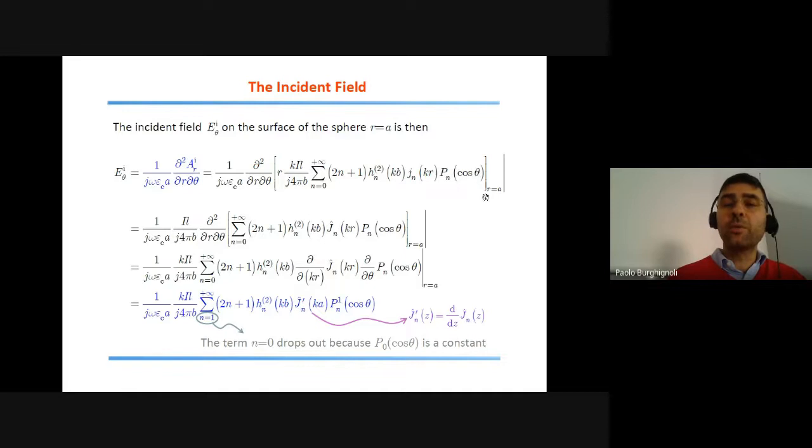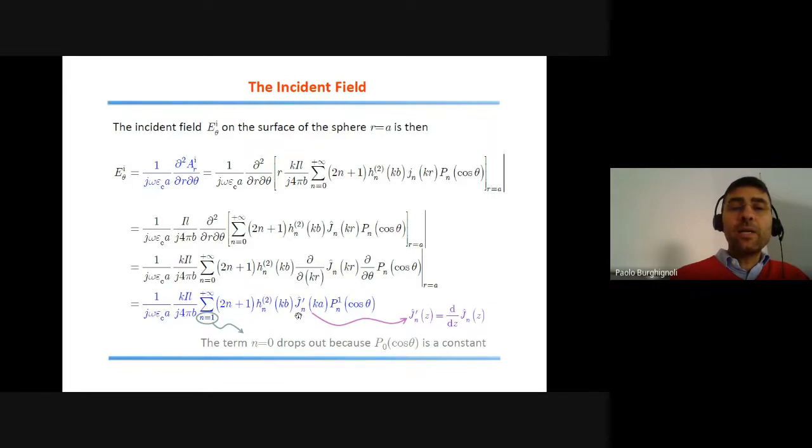And we wish to evaluate the field at the surface of the sphere, that is when r is equal to a. Note that in the final result, here below in blue, the infinite summation goes from n equal to 1 to infinity, because the term n equals 0 drops out, and that's because the 0th order Legendre polynomial p sub 0 is a constant, and therefore when you differentiate with respect to theta, that constant goes to 0.